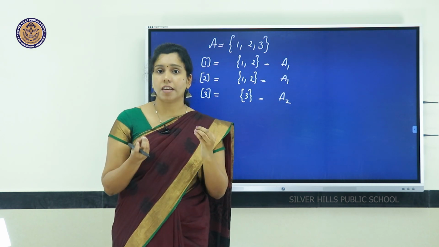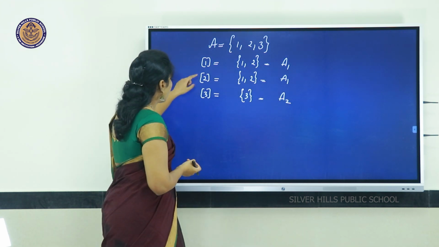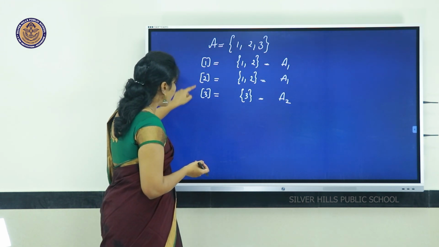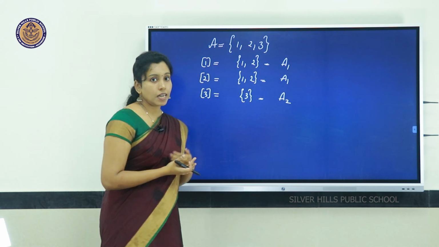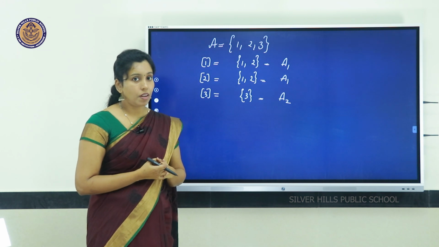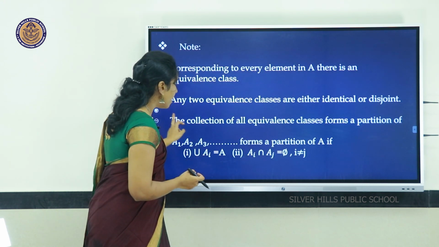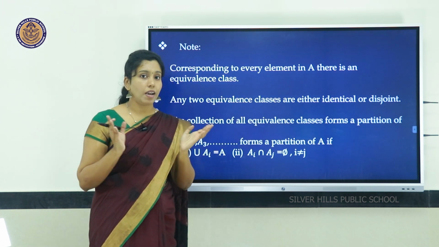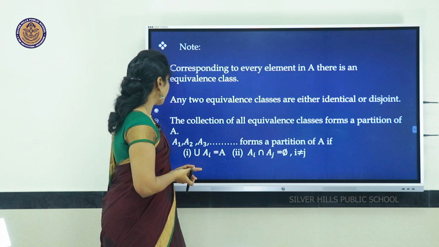Disjoint means the intersection is empty, elements are not common. So, now if I take equivalence class 1 and 3, what can you say? Members are entirely different, they are disjoint. So, I hope that note is clear to you. Any two equivalence classes, they are either identical or disjoint.